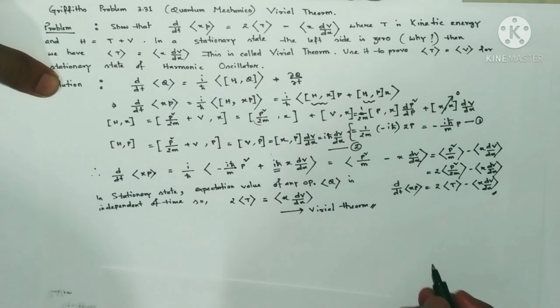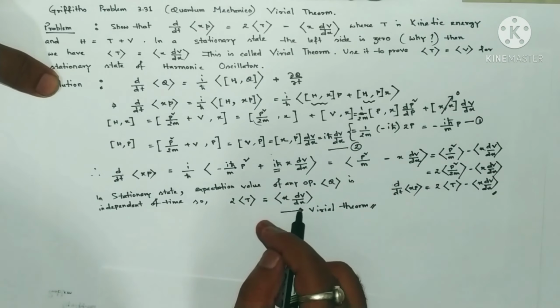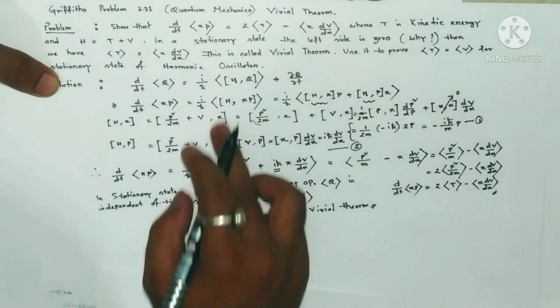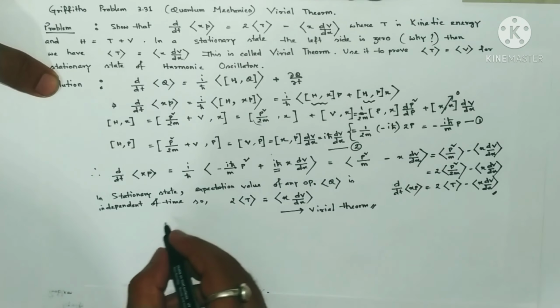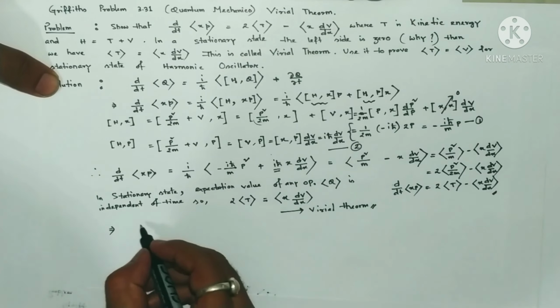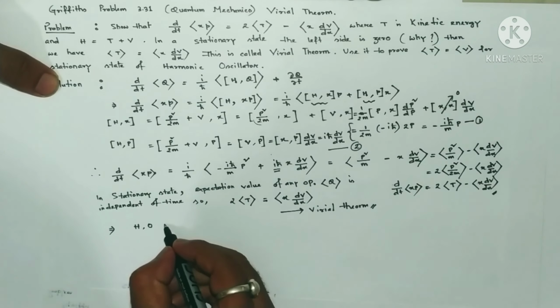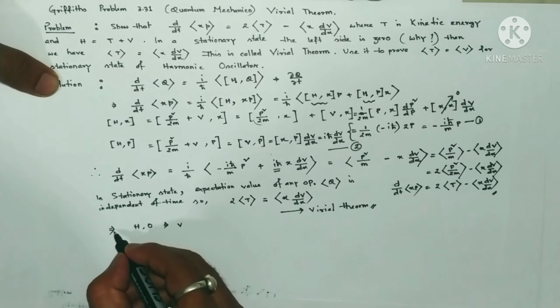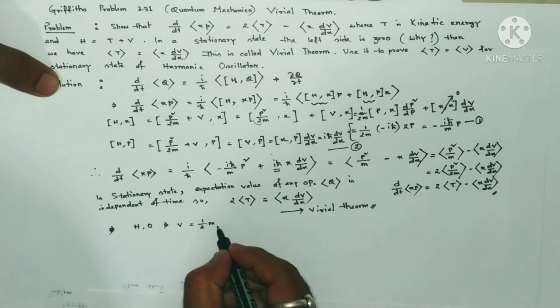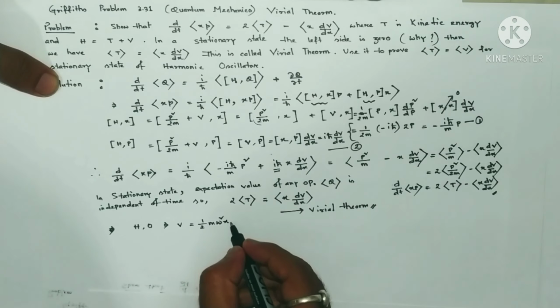which is a very important theorem, and we will be using this theorem for proving this for a stationary state of the harmonic oscillator, right? So for the harmonic oscillator we have potential equal to half m omega square x square.